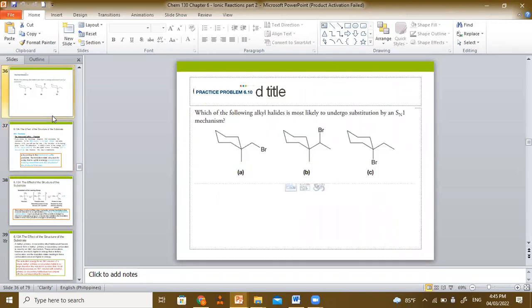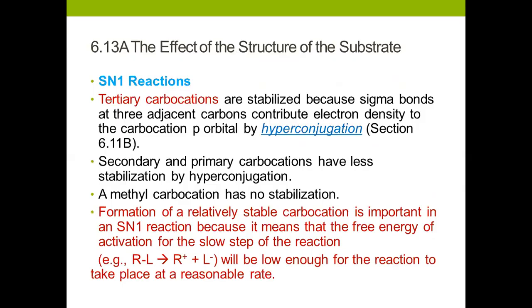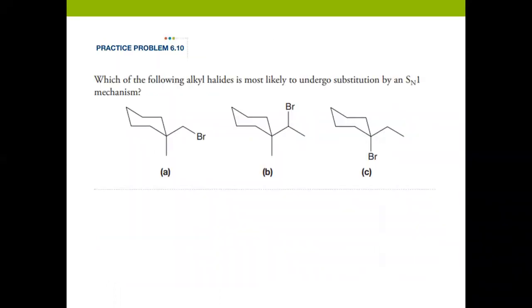And last time we also learned the difference between the substrates favored for an SN1 reaction and the substrates favored for an SN2 reaction. They would favor different kinds of substrates, so you have to identify if it's a 1 degree, 2 degree, or 3 degree alkyl halide.